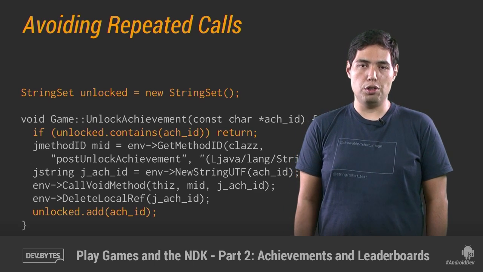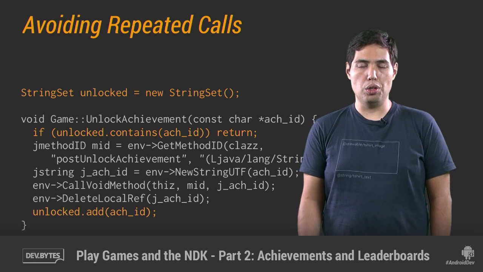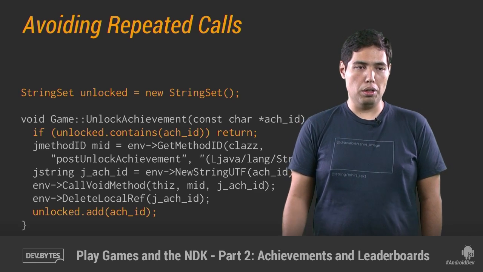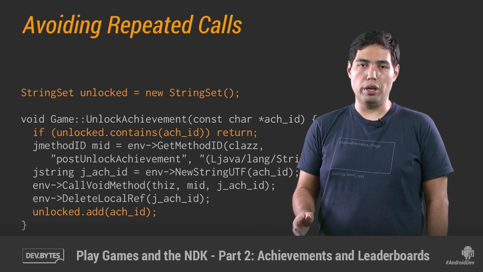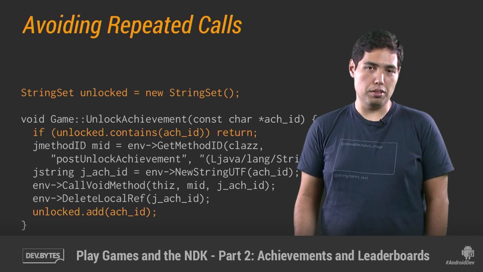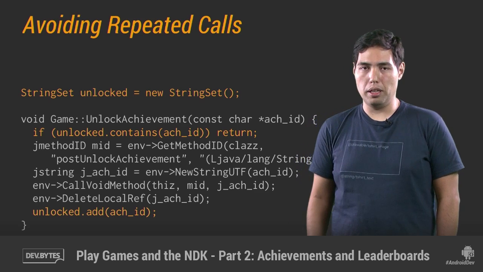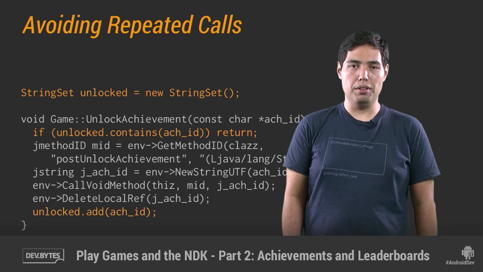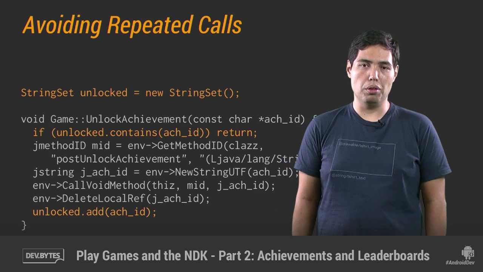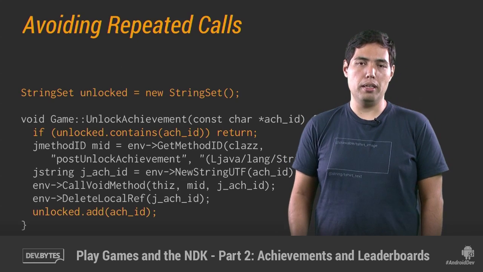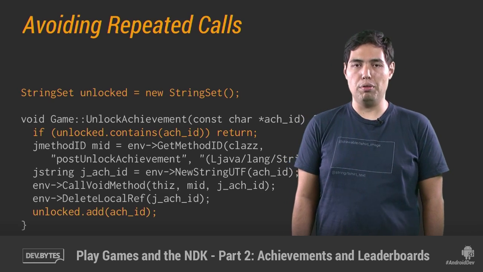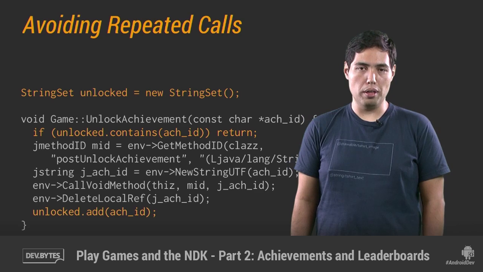Whenever you try to unlock an achievement that you know you have unlocked, you can just return and not do anything. You can do that using something like the string set class, which is great in every way except the fact that it doesn't exist. So you actually have to implement your own string set structure in C++ in any way that you wish. You can use the standard template library, or you can use your own class. The important thing is to avoid making JNI calls on every frame. This is one of the methods you can use to do that.